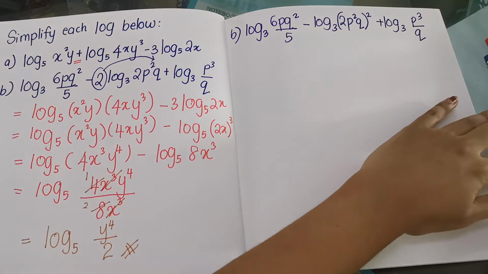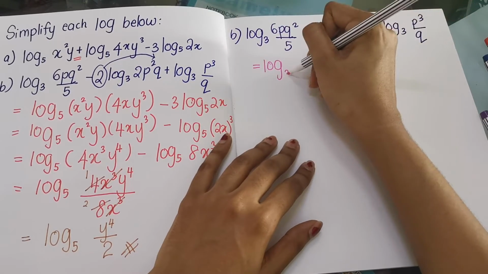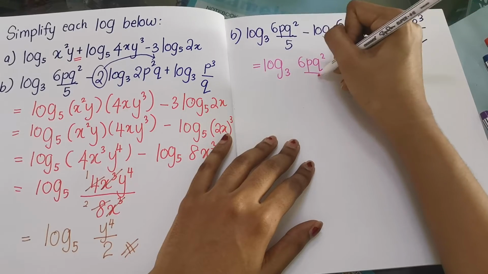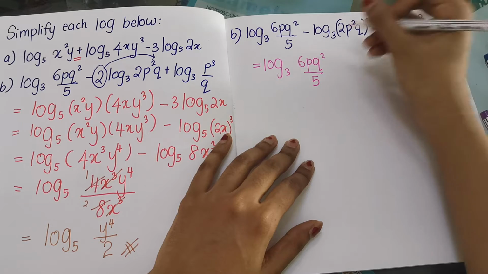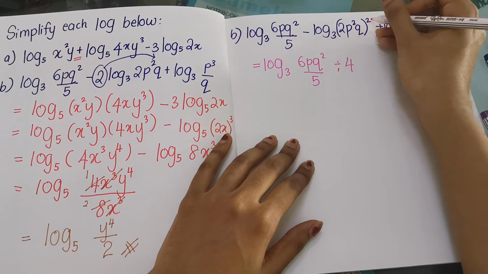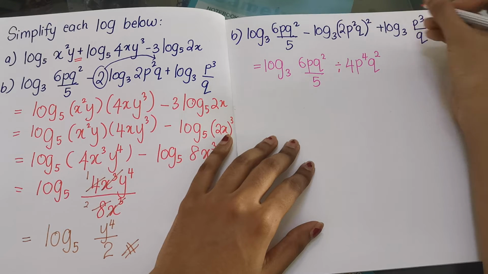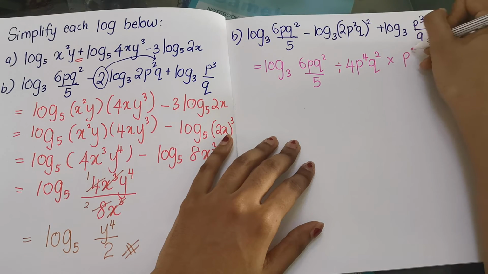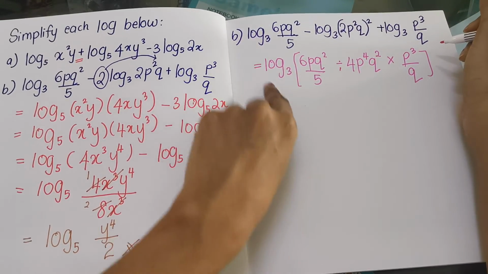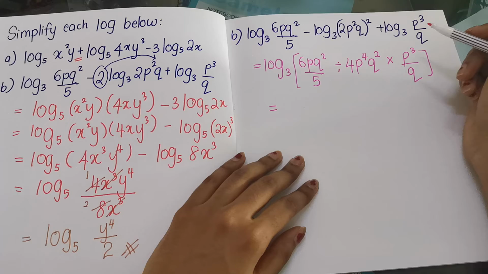So here I'm going to write log base 3 of 6pq squared over 5, divided by 4, since 2 to the power of 2 is 4, p squared to the power of 2 is p to the power of 4, q squared is q squared, then times p cubed over q. As you can see, since this whole thing is log base 3, I just take out the log base 3. The others you can write in the bracket. Now we're going to solve one by one.